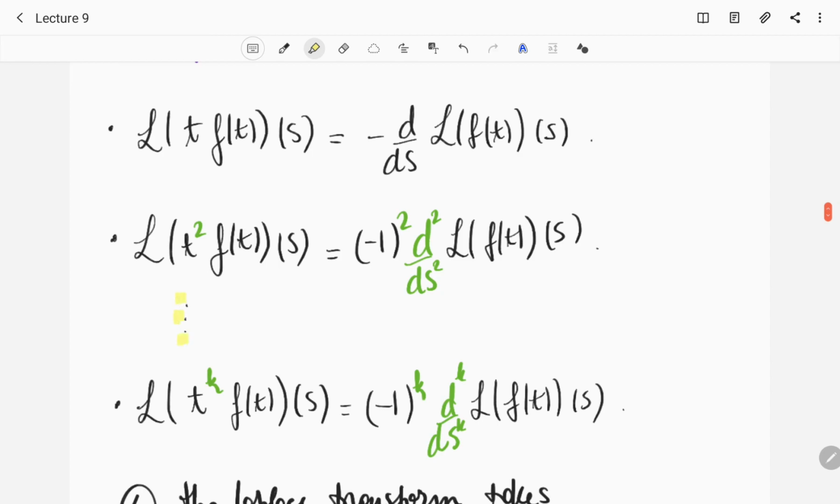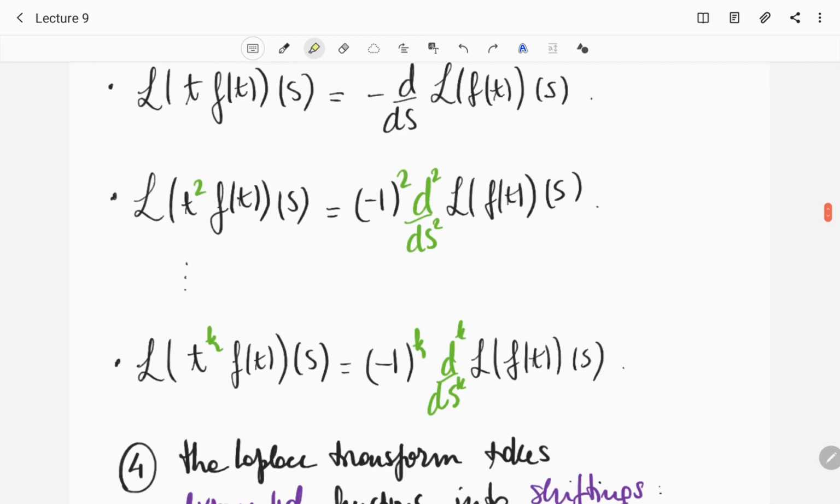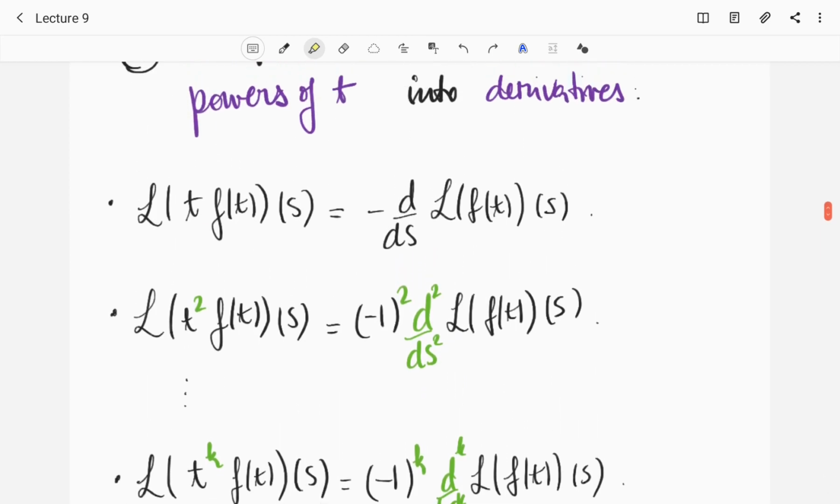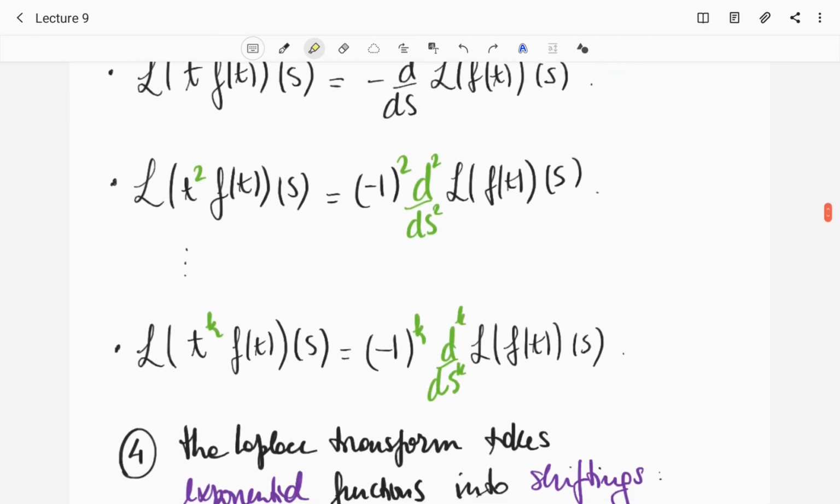Okay, and as you can imagine, if we have any power k, we will have minus 1 to the power k, and the kth derivative with respect to s of this function. We are not going to prove this, just keep in mind these properties.